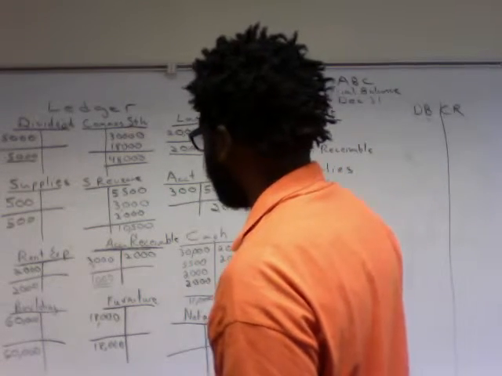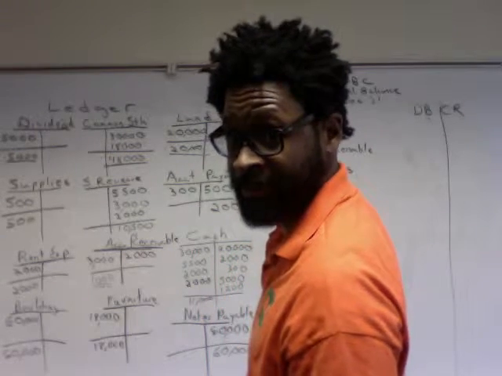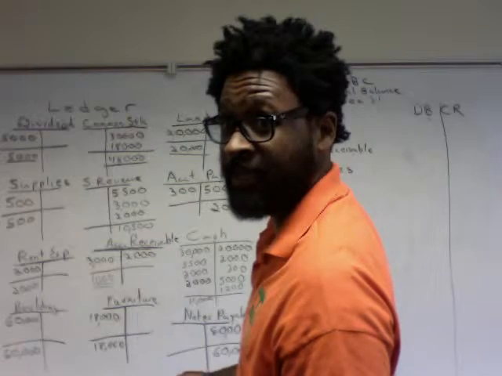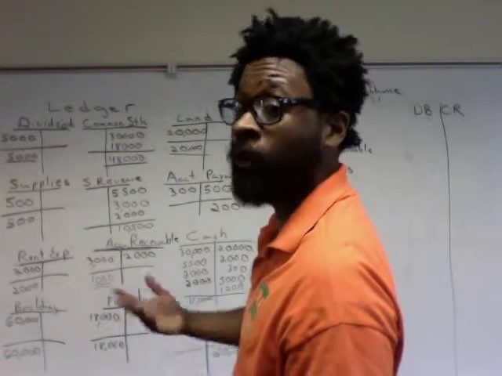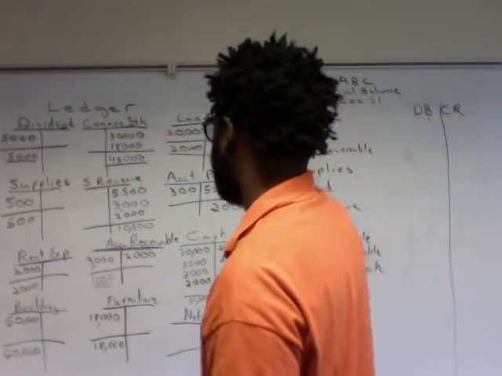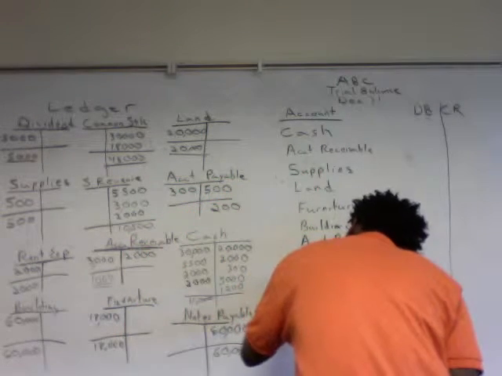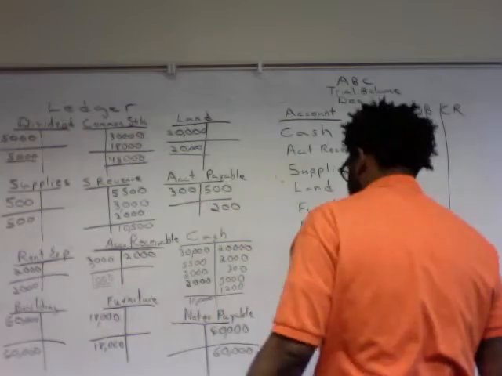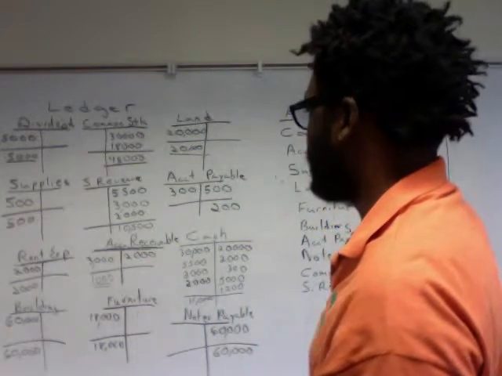Then we go to the second part of stockholders' equity, which is retained earnings. Retained earnings happen to consist of what? Income. Income consists of what? Revenues and expenses. So we're going to look for our service revenue. Then we're going to go to our expenses.